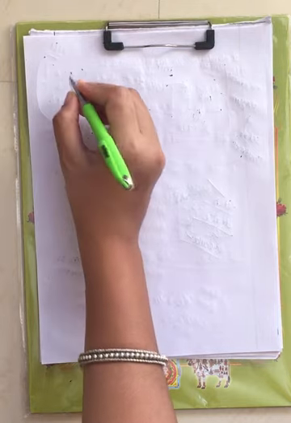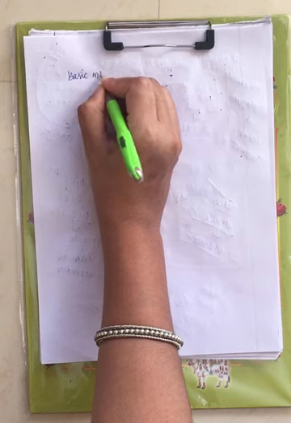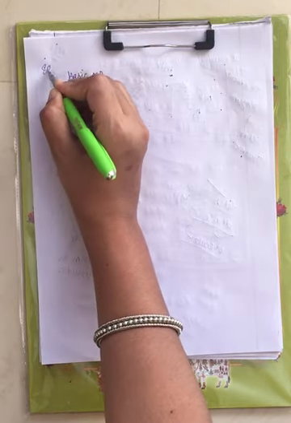Now let us consider a basic microprocessor. Assume it has only 4 instructions. I am taking this example to explain the operation of a processor, that is fetching, decoding and executing.